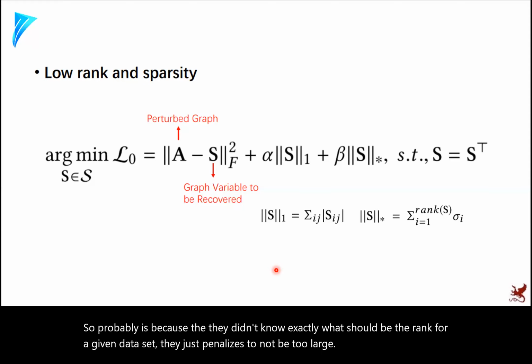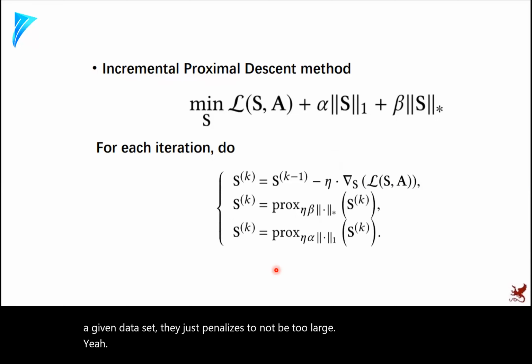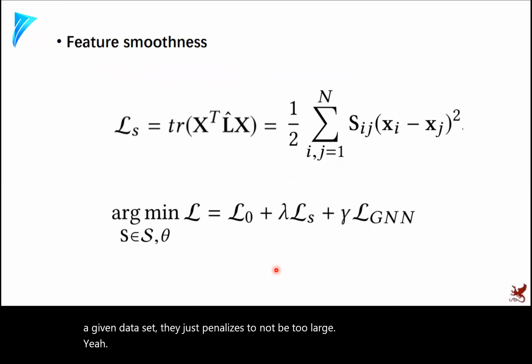Okay, makes sense. And the second question is, they wanted to put all those different losses together. In terms of the optimization part, it seems to me that for the GNN we need to require the S. So is that an alternating optimization? Yeah, they do it alternately, but the losses will be aggregated together. Okay, great.